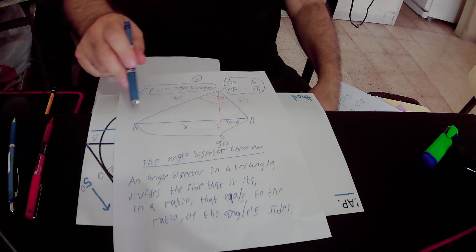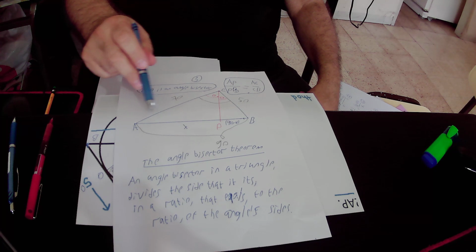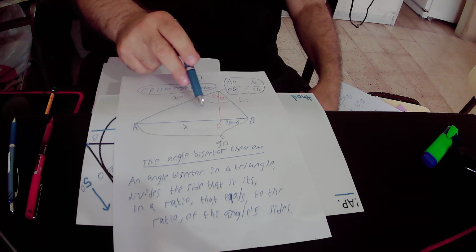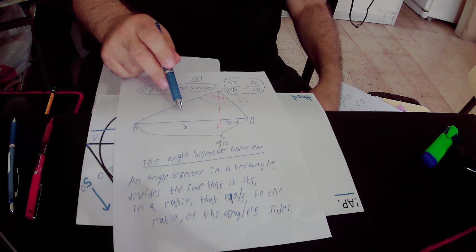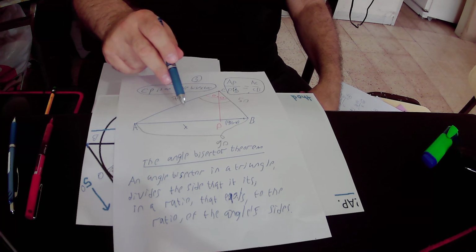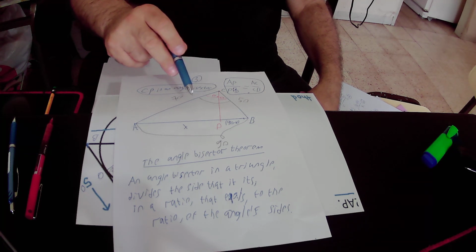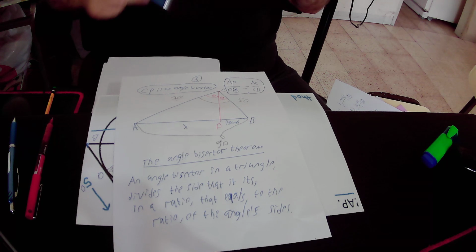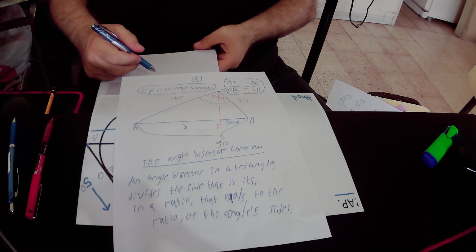AB equals 90 units and x equals AP, and AP is less than AB, so 90 minus x will be a positive number and can never be 0.